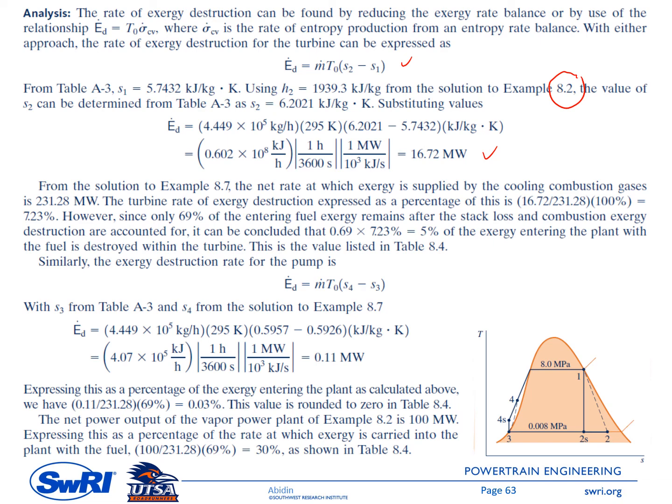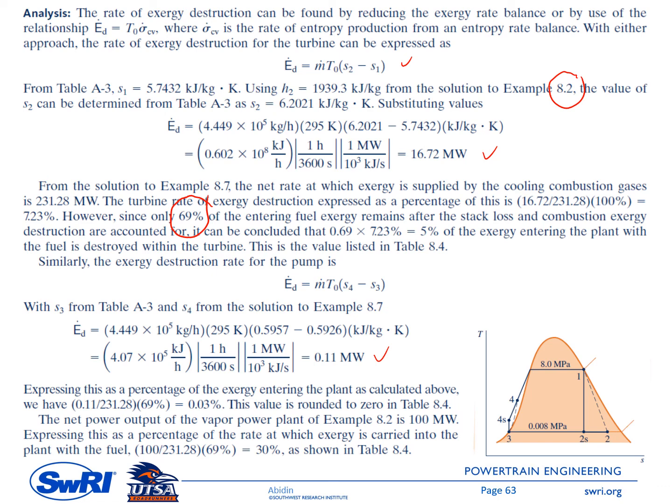Similarly, you can do the same thing to calculate the exergy destruction inside the pump. So this is m dot times T0 times (s4 minus s3), and you will get 0.11 megawatt. And then since only 69% of the entering fuel exergy remains inside the heat exchanger, you need to multiply the number there.